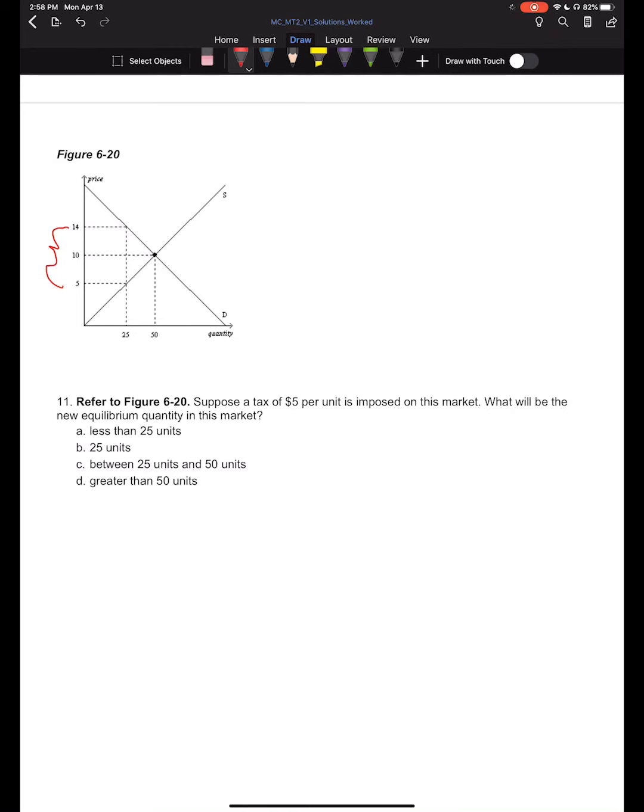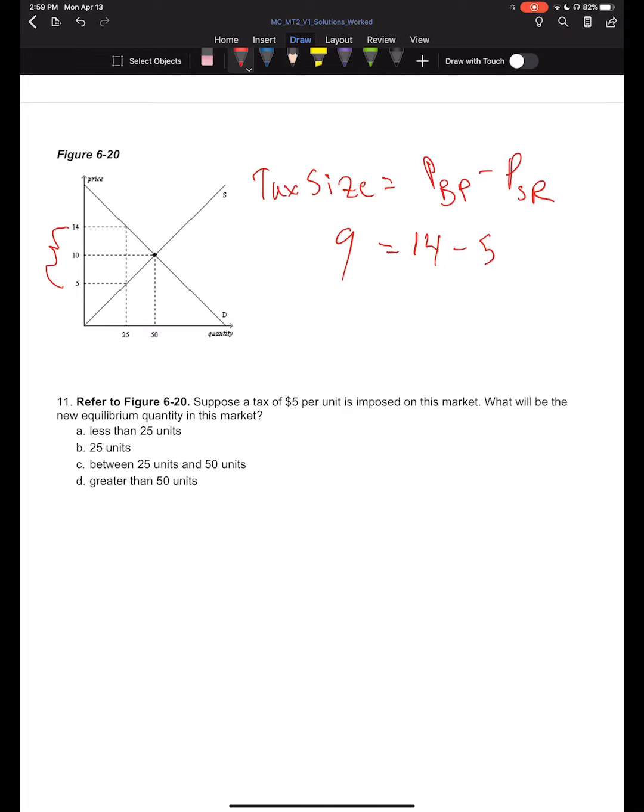The size of that tax would actually be 9, because remember, tax size is equal to the price buyers pay minus the price sellers receive. Well, the price buyers pay there would be 14 minus 5. That would give us 9.